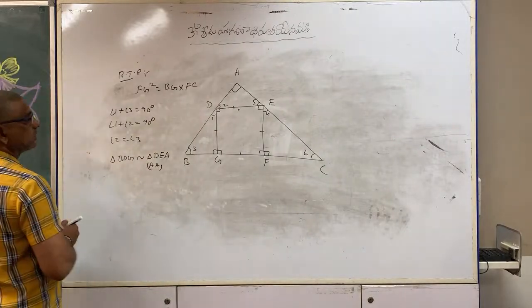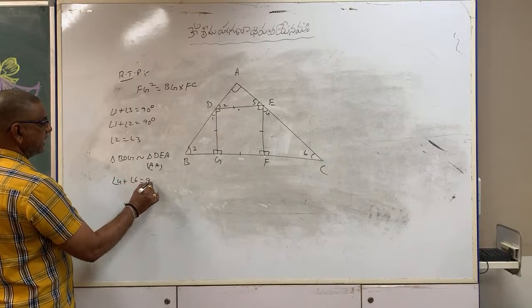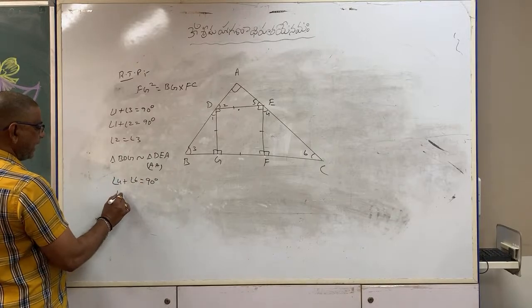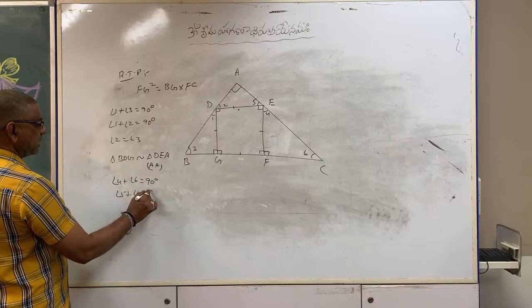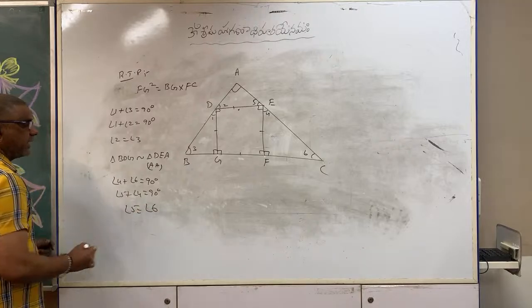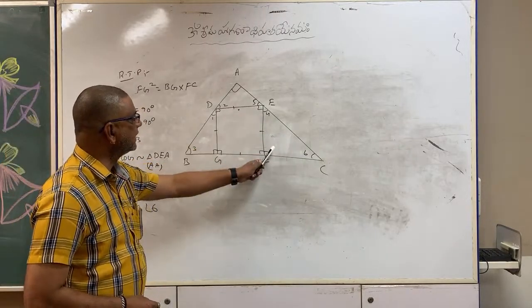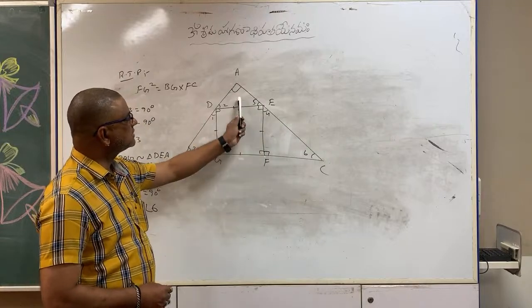Next, angle 4 plus angle 6 is 90. Angle 5 plus angle 4 is also 90. So from these two, angle 5 is equal to angle 6, and both are right triangles. So these two triangles are similar.